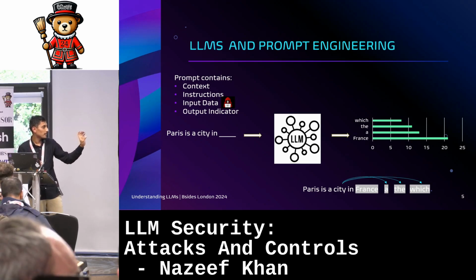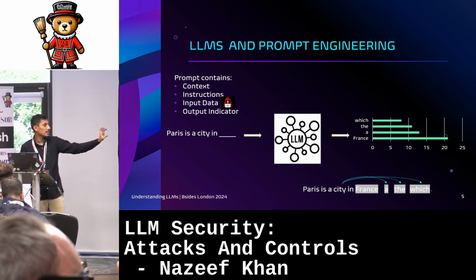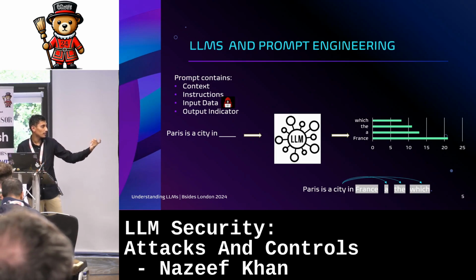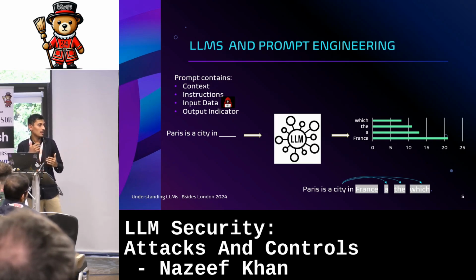So suppose the sentence is Paris is a city in France. The large language model compares the last token of that sentence with all the existing tokens, compares the probability, and according to the probability it adjusts the prompt.